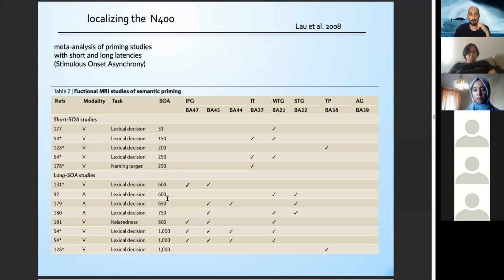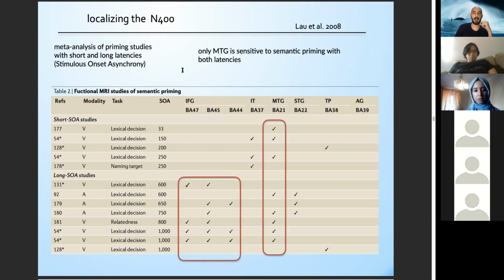On the other hand, if your SOA is longer than 600 milliseconds, you might have a lot more overt thinking, or overt processes coming into play, or some sort of post-lexical processes. For instance, you might start thinking about what kind of words are related to that picture or stuff like this. Okay.